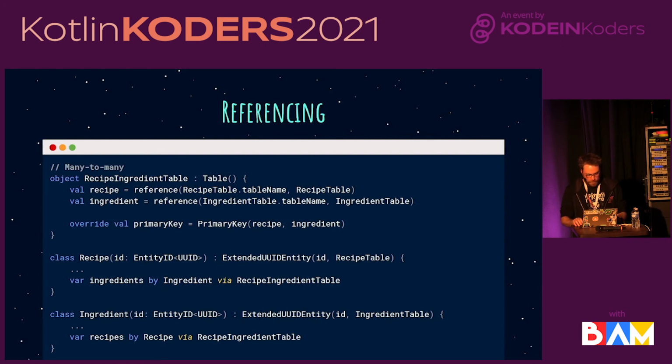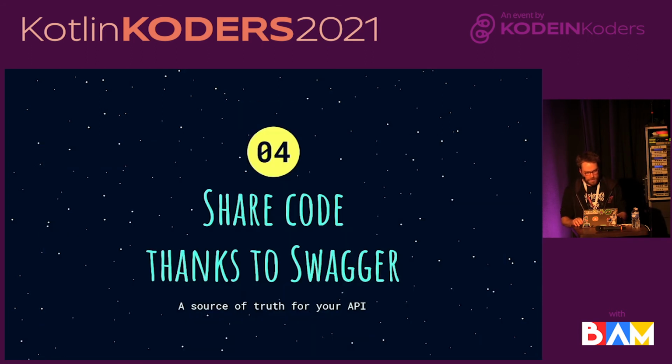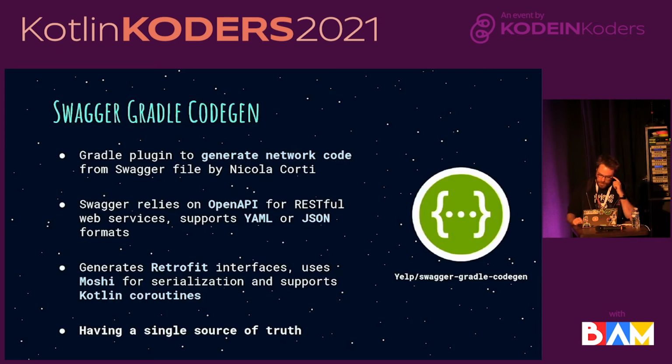Okay, now we are all set. Our application can run by itself. I can validate the POST request, query my database, send it back. It should be okay. Let's see how we can share some code thanks to Swagger. So we're going to use the Swagger Gradle CodeGen.